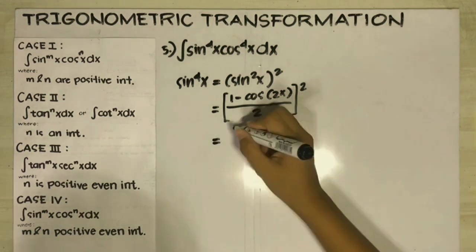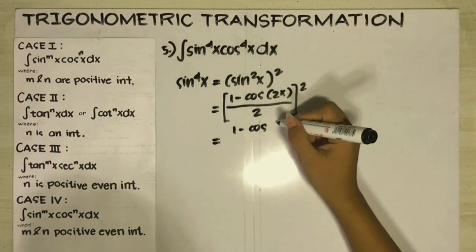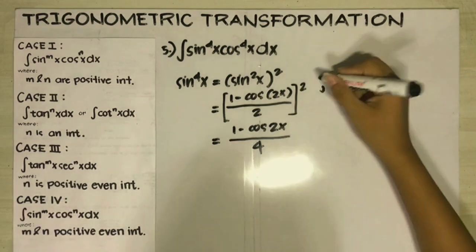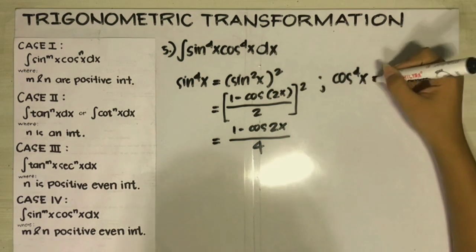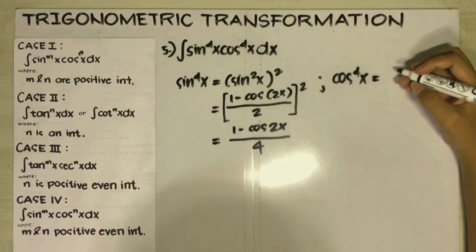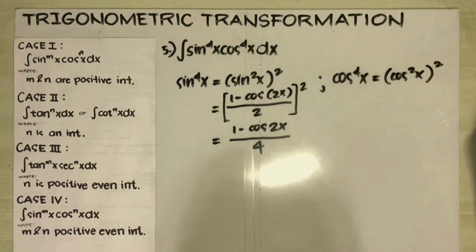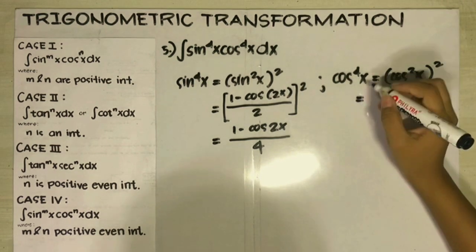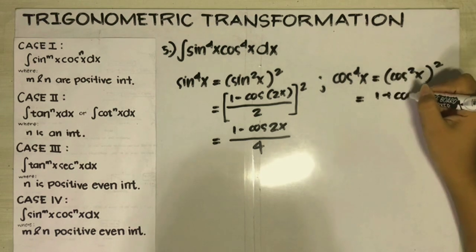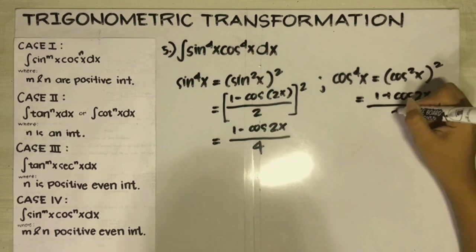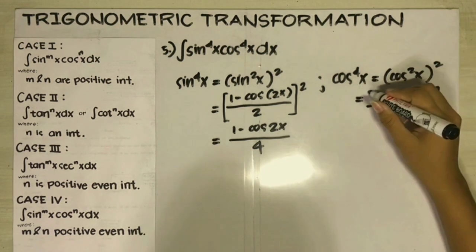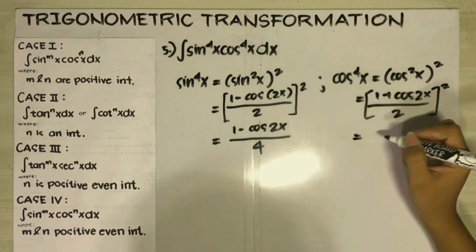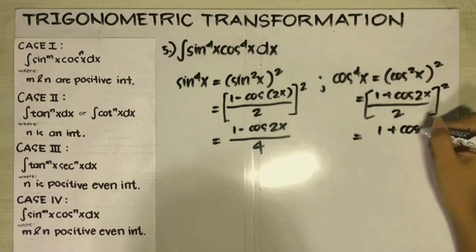This is equal to 1 minus cosine 2x, squared, all over 4. And then for cosine to the 4th power x, this is equal to cosine squared x, squared, which is equal to 1 plus cosine 2x all over 2, squared, which is also equal to 1 plus cosine 2x, squared, all over 4.